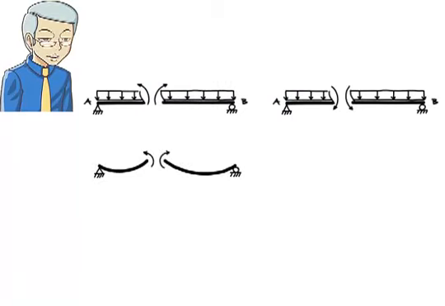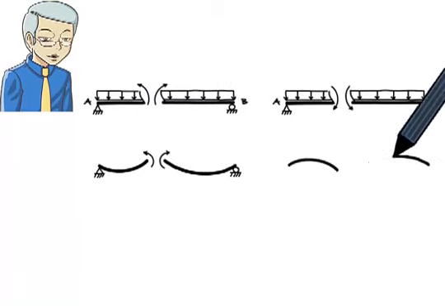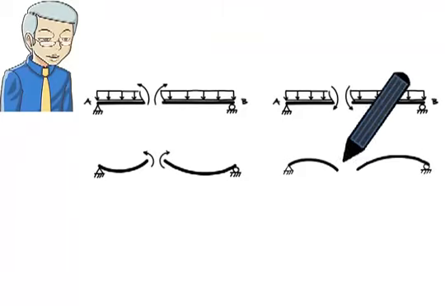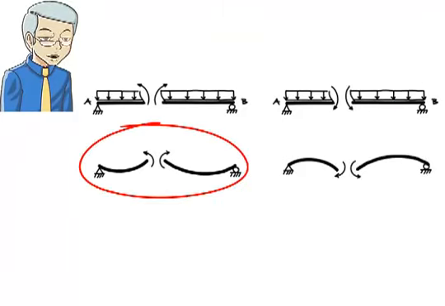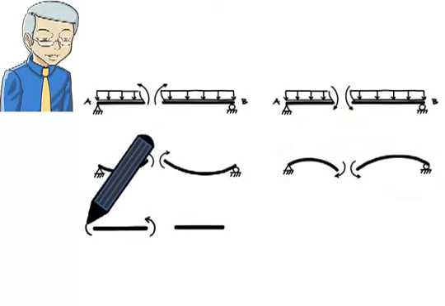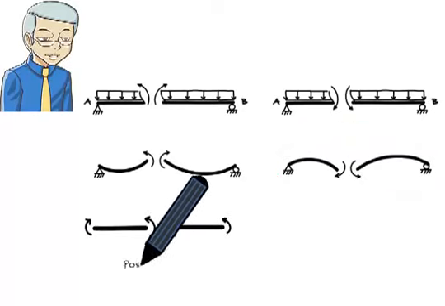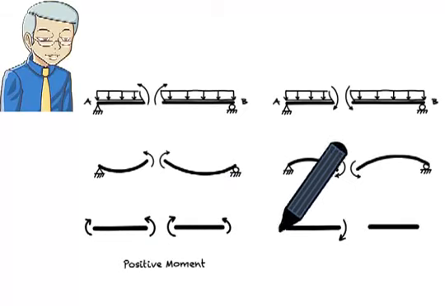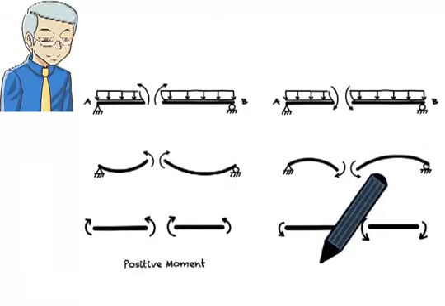In the second scenario, the beam segments tend to form concave down, like this. A positive moment tends to cause a concave up bending in the beam. A negative moment tends to bend the beam concave down. Therefore, this is considered a positive moment, and this is a negative moment.